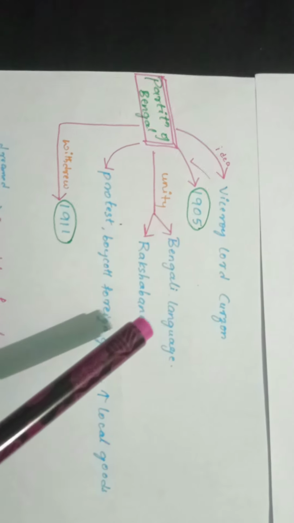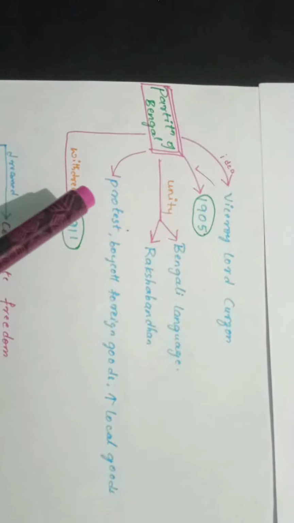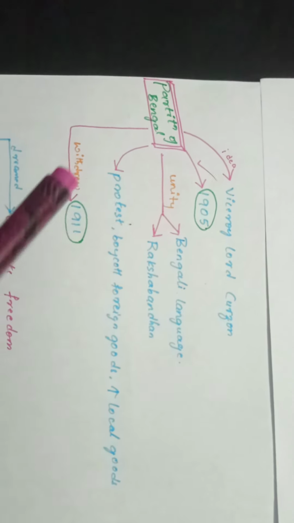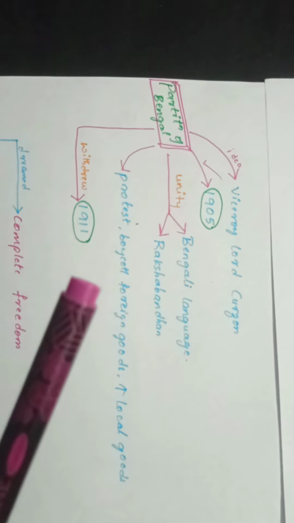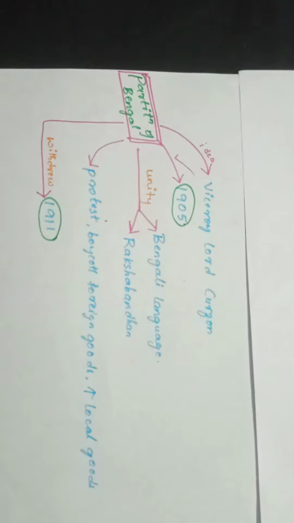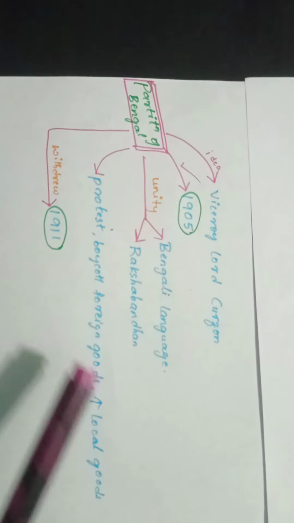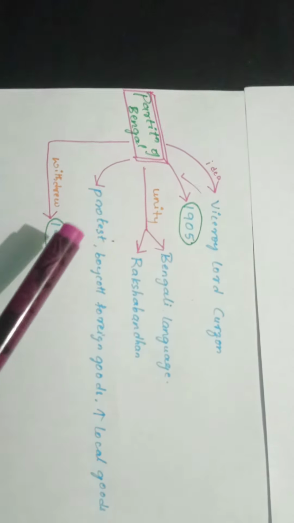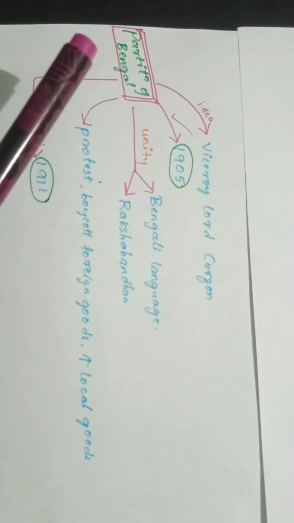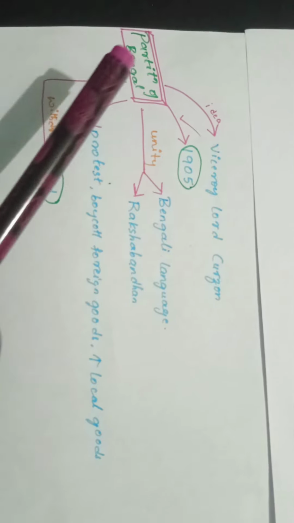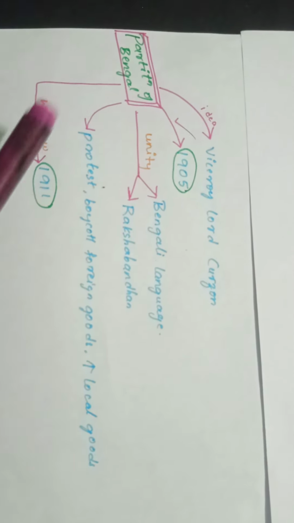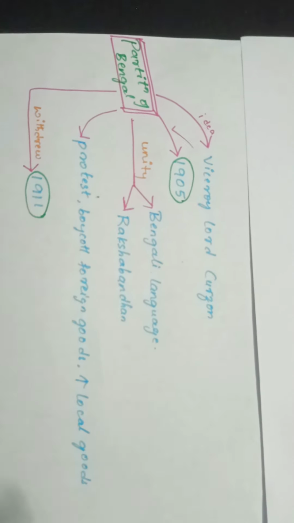These are the two things mentioned in NCERT. Protests and boycotts spread across the country, with boycotting of foreign goods and increased use of local goods. The British government realized they could not succeed, so they withdrew the partition of Bengal in 1911.